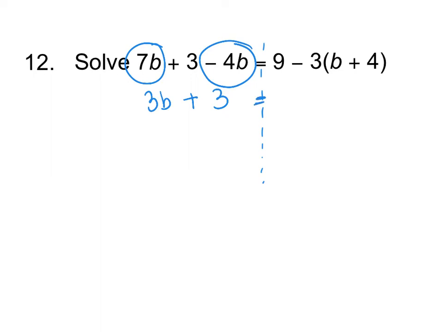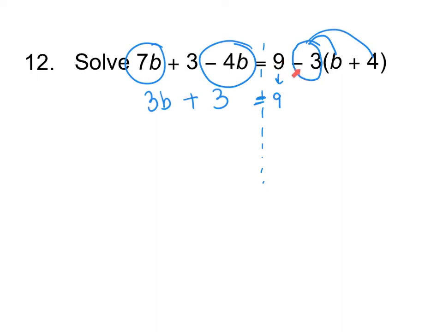Is equal to, I'm going to rewrite that 9, and I'm going to realize that I need to distribute that negative 3 to everybody here. Do not do 9 minus 3 first, because order of operations says you're supposed to do parentheses, or multiply, before you subtract. So do not do 9 minus 3 because you'll be doing it wrong.